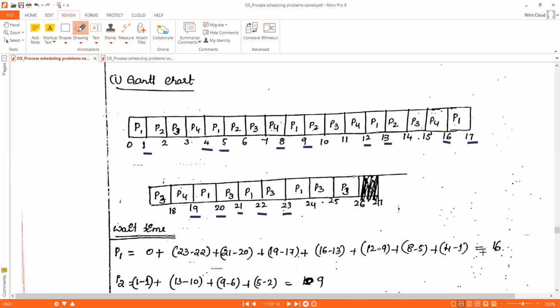We'll get the total waiting time of process 1. Understood this? How to find the waiting time of the process? First, we need to add the allotted time minus arrival time.